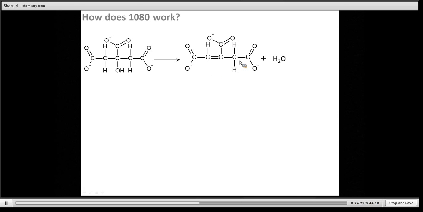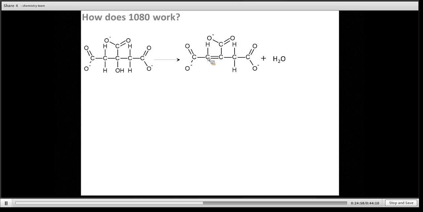It doesn't need high heat and temperature as you would do in a laboratory, simply because it's all enzyme driven. So water's taken off, and then the enzyme takes the OH, and where it was on the central carbon, it now makes the isomer by putting it on the second carbon. And that's the way it carries on in the circle, the Krebs cycle.